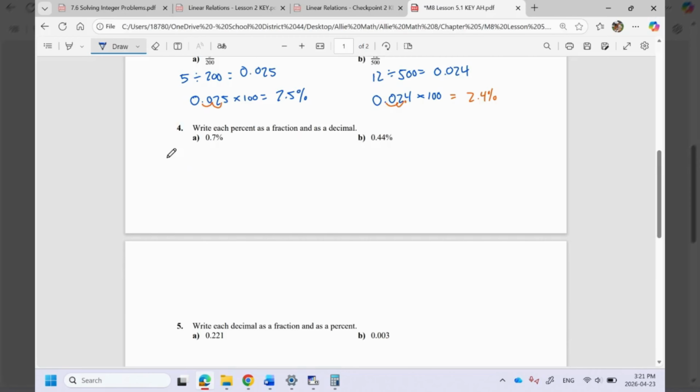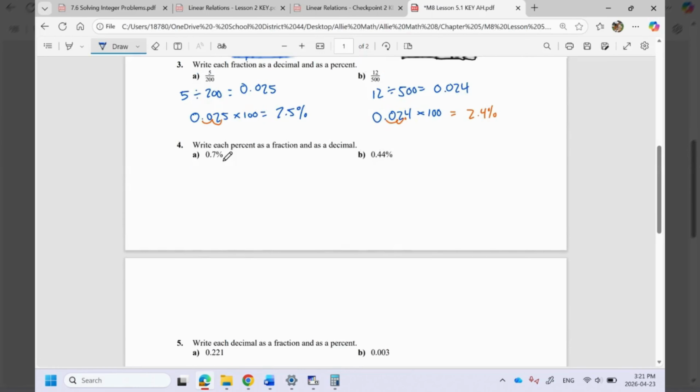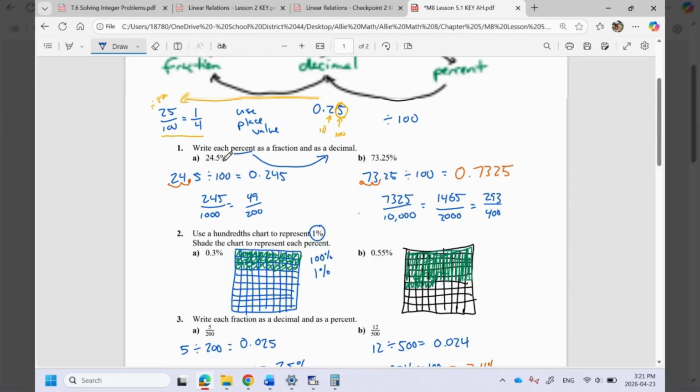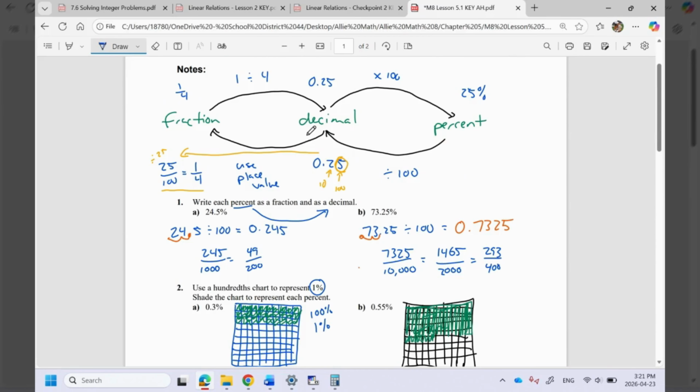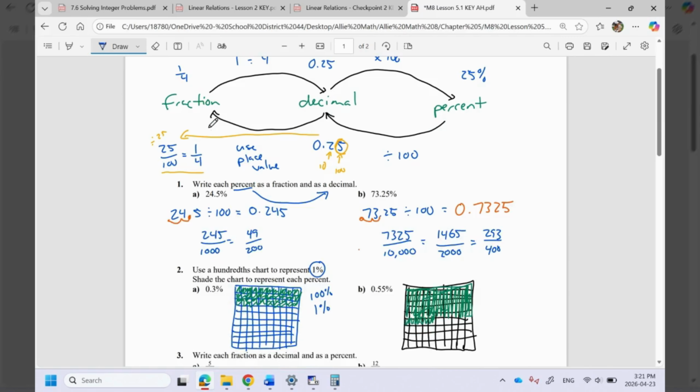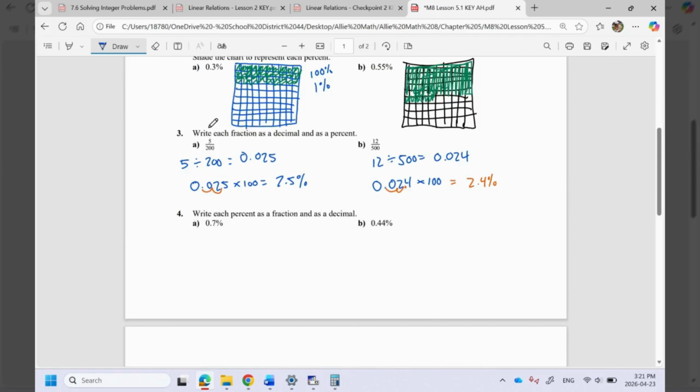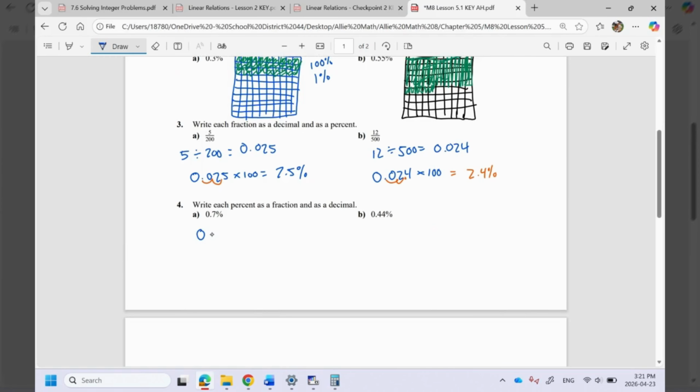So let's go to a fraction and a decimal. We're going all the way from a percent. Let's go to decimal and then to fraction. It's kind of actually like our first one. So let's go 0.7 divided by 100 to start off.